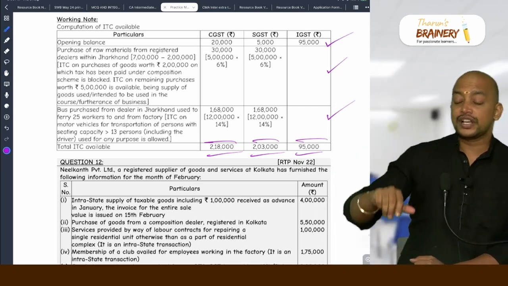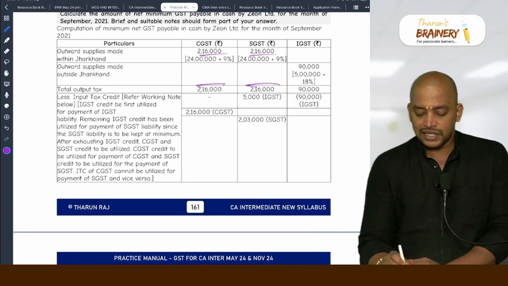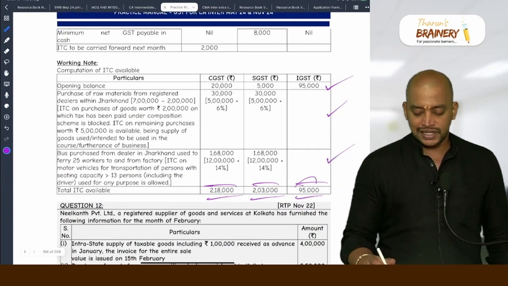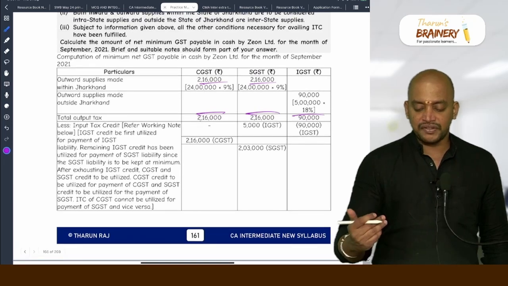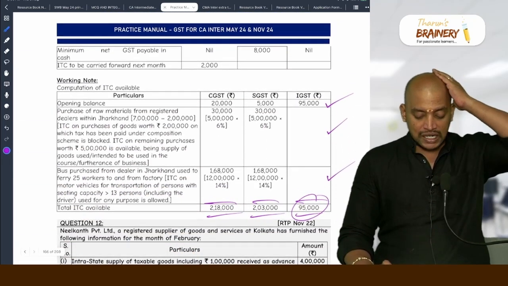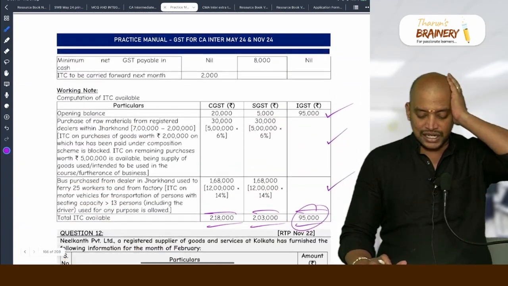Now what is the gross liability? Already we computed and kept 2,16,000, 2,16,000 and 90,000. Now which credit do we need to use first? 95,000 IGST we will use against 90,000, and still 5,000 remains. That 5,000 you use for what? Carefully listen. CGST liability, SGST liability 2,16,000, 2,16,000.